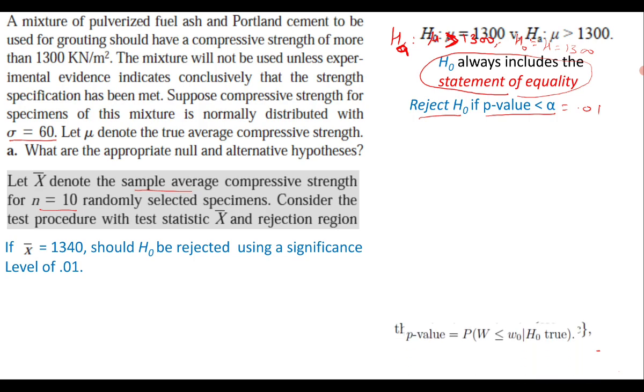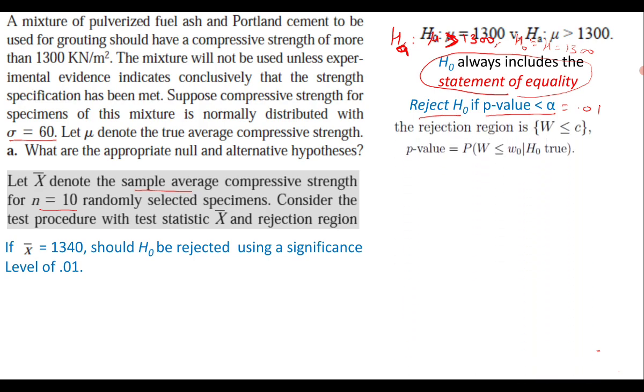And what is the p value? It depends on the rejection region. If the rejection region is W less than or equal to C, then the p value is the probability of W less than or equal to W naught when H naught is true. So what I need to compute is the p value, and for the p value I need the rejection region.